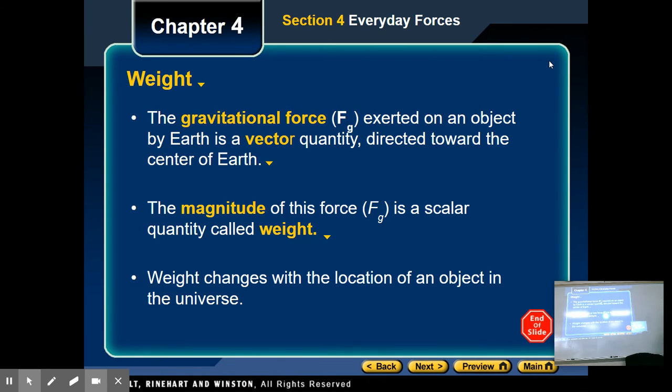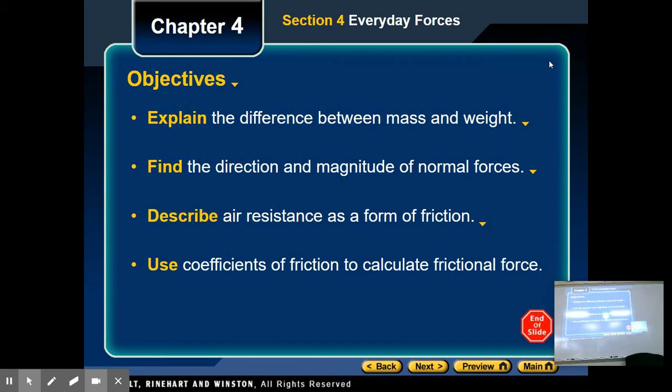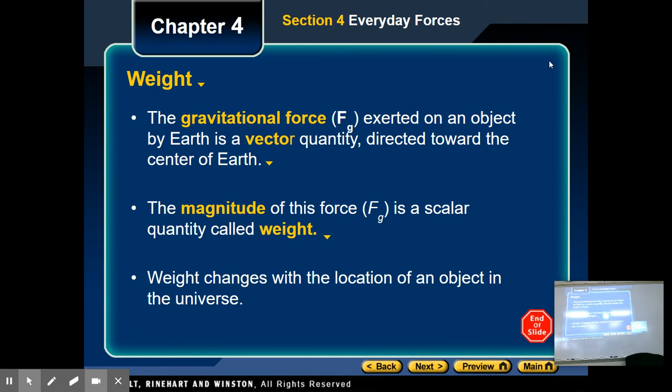So mass and weight. Before even reading this, what is the difference between mass and weight? Exactly. Mass is basically what you are, all the matter that you are. Your weight is determined off of your location.